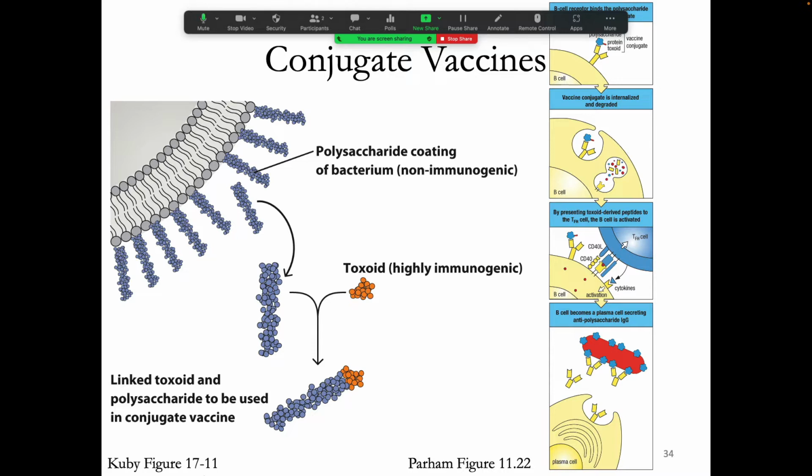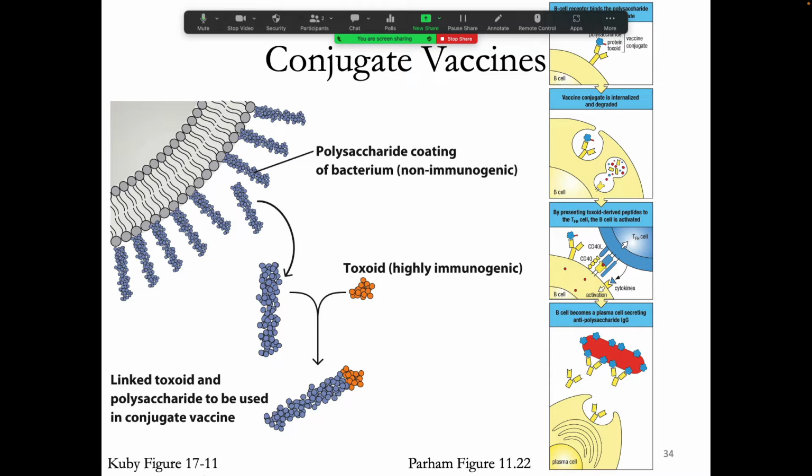As we talked about earlier in the semester, we can make antibodies against polysaccharides, but there's this problem with T-cell recognition. And so if we actually want to have a vaccine that contains a polysaccharide, we need to link it to some kind of protein, a protein carrier, in order to give us some T-cell epitopes so that we can get T-cell help. This is that linked recognition process we talked about before.